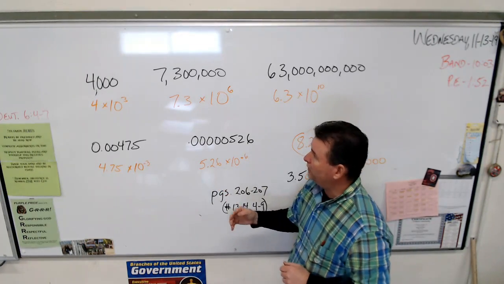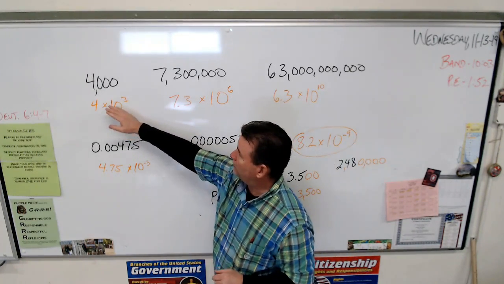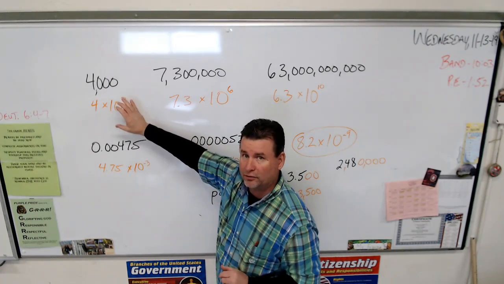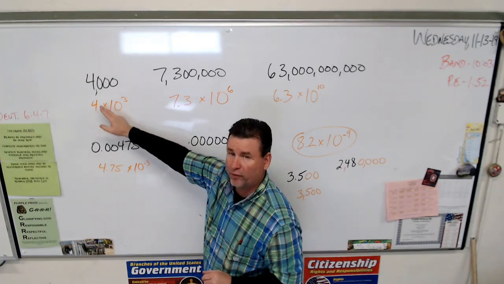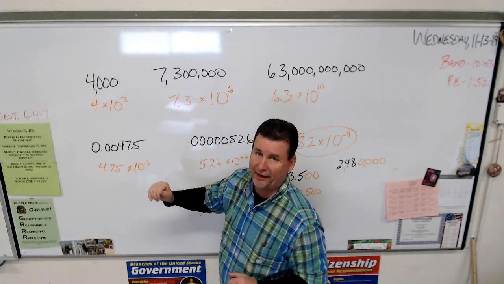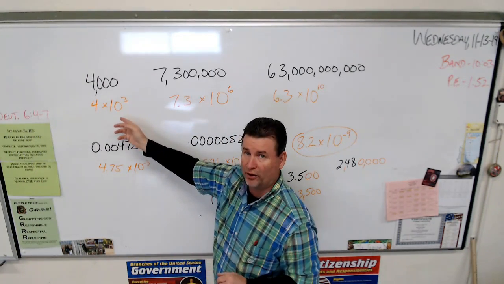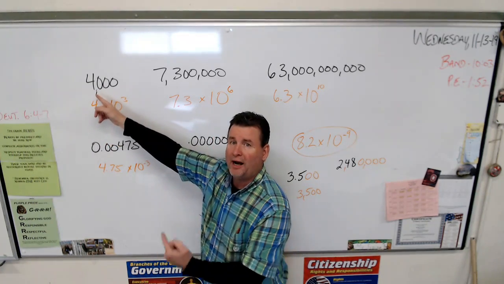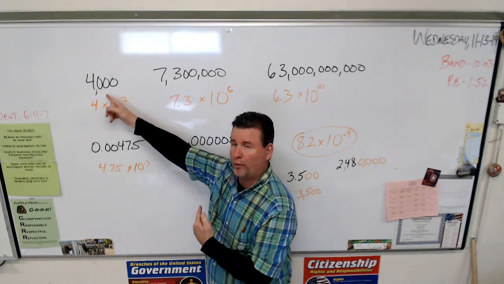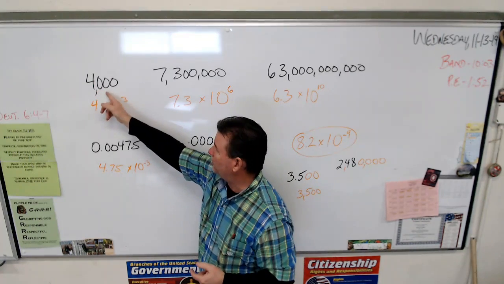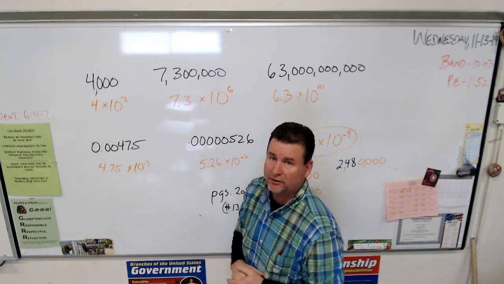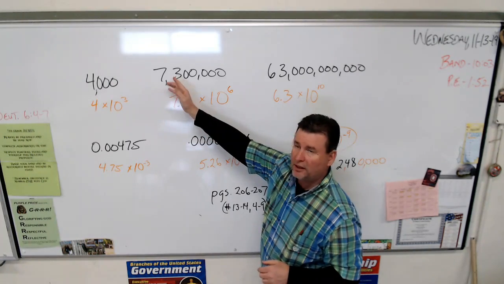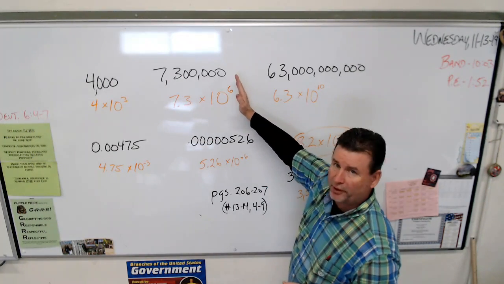Now your job is to, since you're writing it in scientific notation, shorthand, so to speak, this would be 4 times what power of 10? It's 10 to the third, because if the decimal point was after the 4, how do you get to the standard form 4,000? You move it 1, 2, 3 places, 10 to the third. If the decimal point was after the 7, how would you get to 7,300,000?